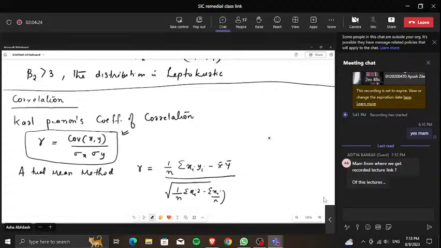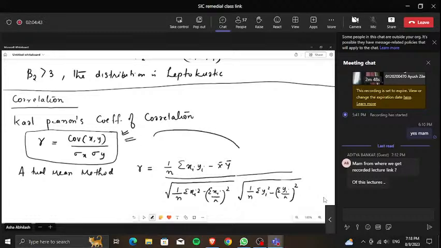We have already discussed that. And similarly the root of 1 by n into summation yi square minus summation yi by n whole square, for each value. So you have to remember this formula and, based on that, extract the rest. Okay.